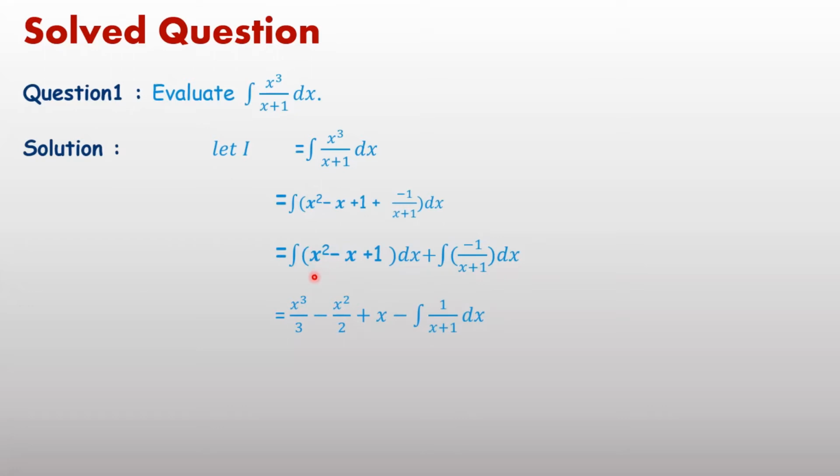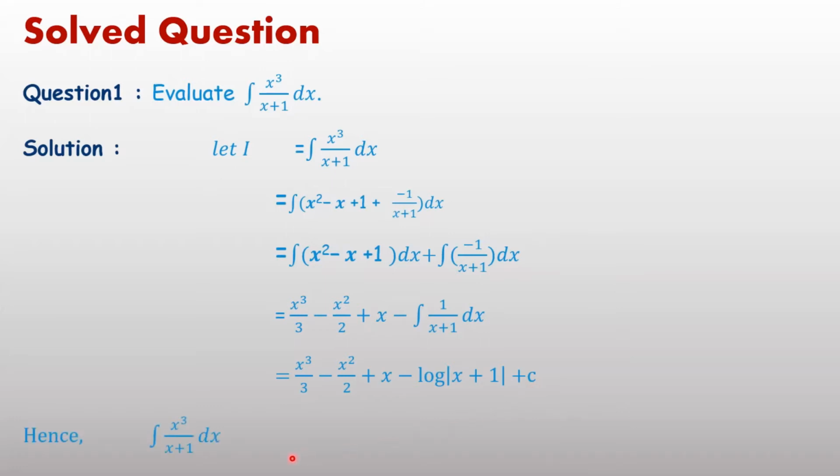Integration of x² is x³ upon 3, minus integration of x is x² upon 2, plus integration of 1 is x, minus 1 upon x + 1. If we assume x + 1 as t, dx equals dt, and integration of 1 upon t is log t. Therefore, integration of 1 upon x + 1 is log|x + 1|, plus a constant of integration c.